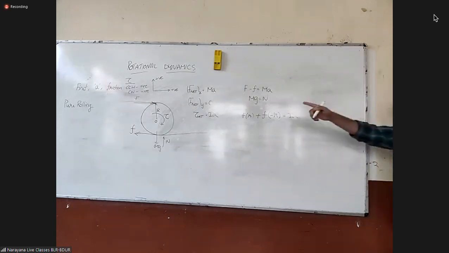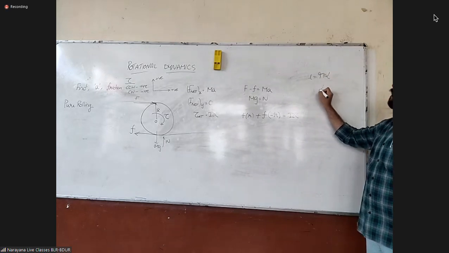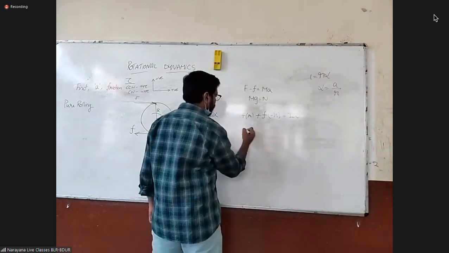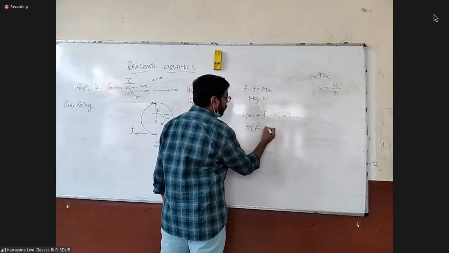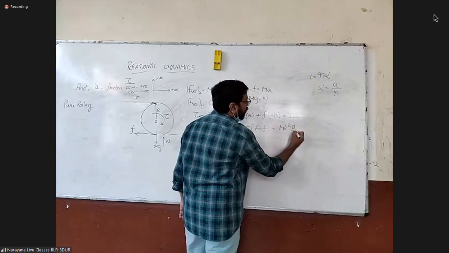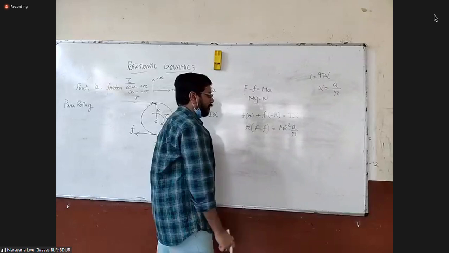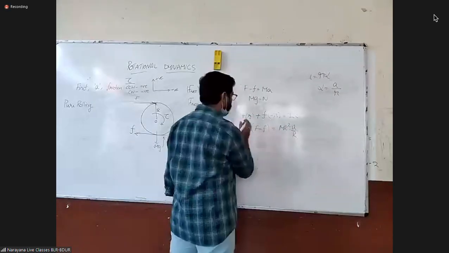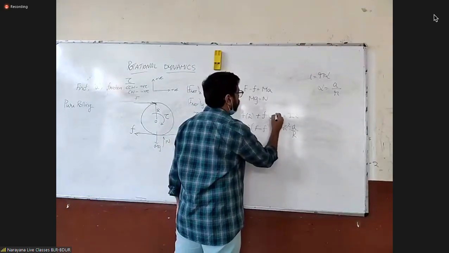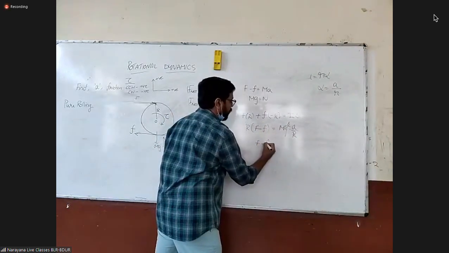So when I gave you pure rolling, your acceleration a is equal to R alpha. So alpha is equal to a by R. With R taken common, F minus f is equal to M R squared into a by R. So capital R, this R goes like this. F minus f is equal to Ma.